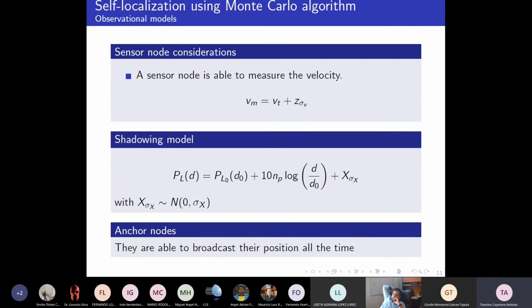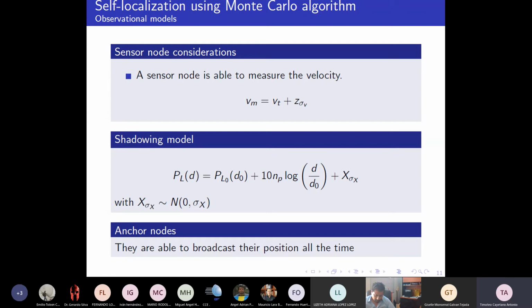The observational models that we are using in this work: the first is the one I mentioned previously, which is the velocity measured by a sensor node, considered with zero-mean Gaussian noise.